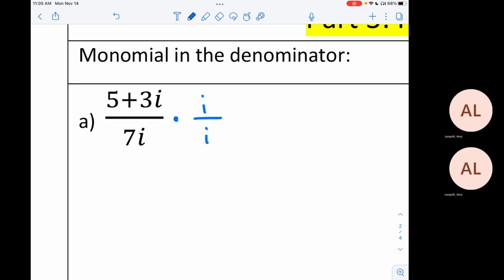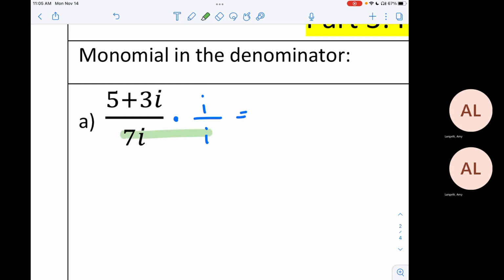It is going to get rid of the i in the bottom. Technically, does anybody know what I'm multiplying by? i over i is actually 1 over 1. You can multiply anything by 1 and not change it. If I multiply my weight by 1, I'm still the same weight. You're not changing the problem, just its form.